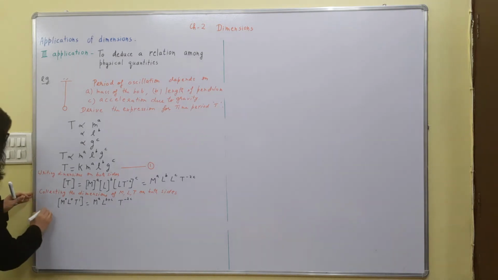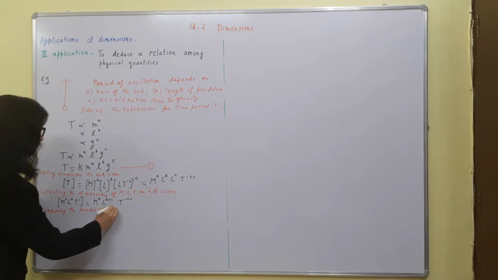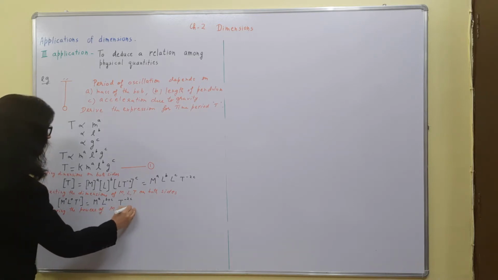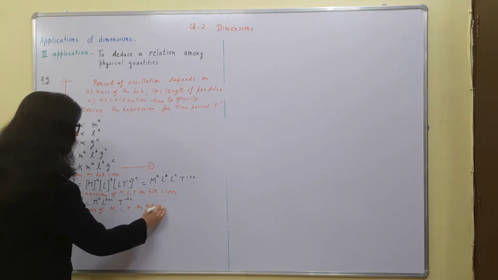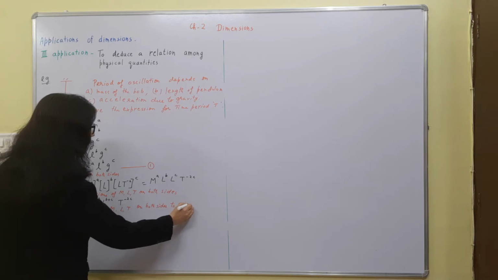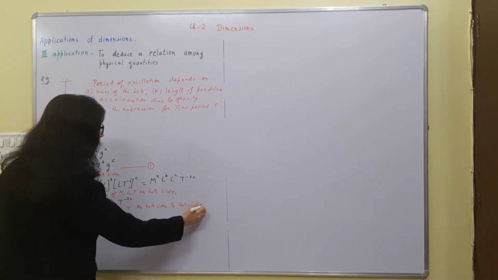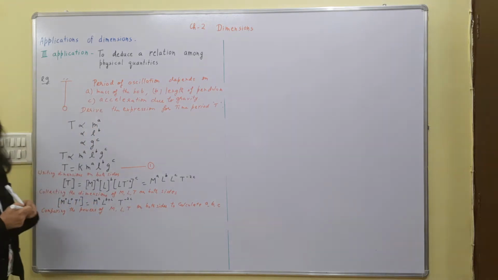The next step will be comparing the powers of M, L, T on both sides to calculate a, b and c, right?